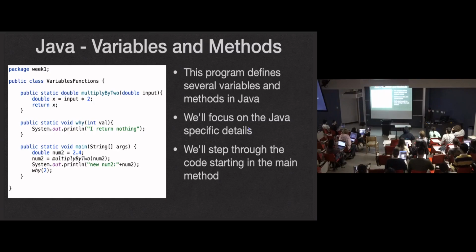Can you make a new method inside the main method in Java? The short answer is no, but the longer answer is yes, you can. But it's more complicated than anything we have to do in this class.